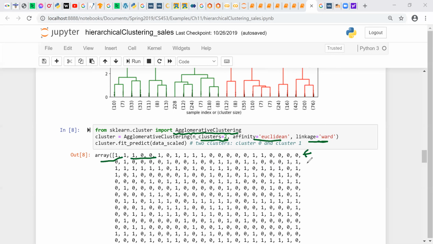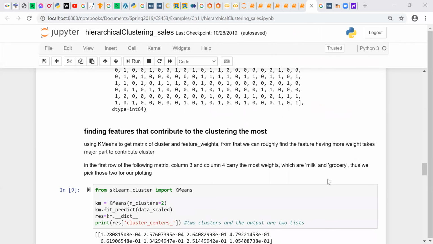This tells you each sample's cluster, so it belongs to which cluster. Then you can clearly find which cluster each of the samples belongs to.